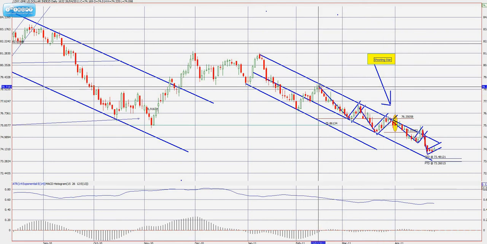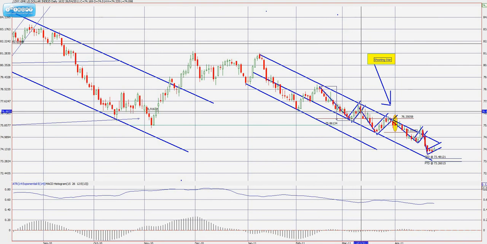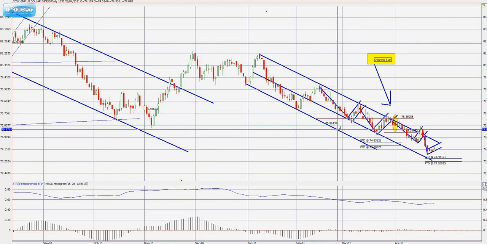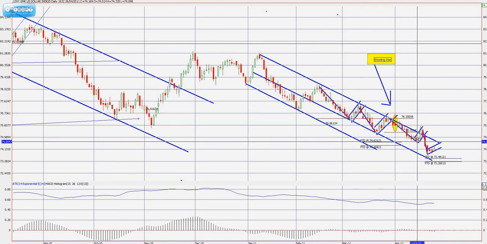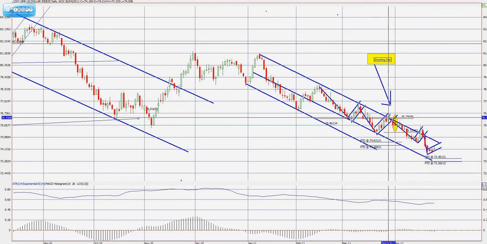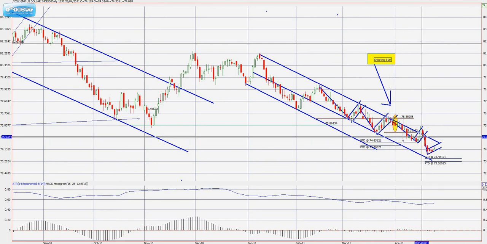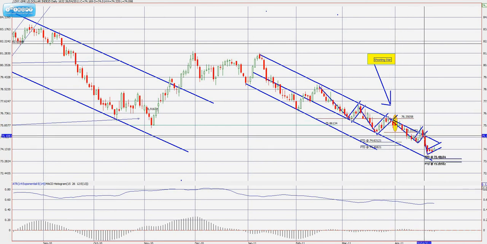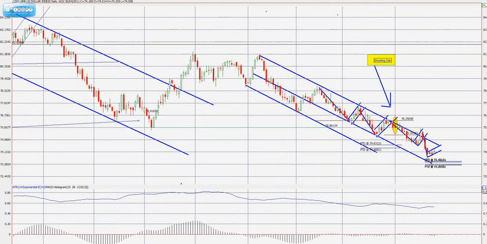So if we took this target, for instance, a break, an actual gap, 74 reached its target here, right? If we take this target on this wild break last week, we get this target here at 73. So basically what we have now is another flag forming, as you can see.